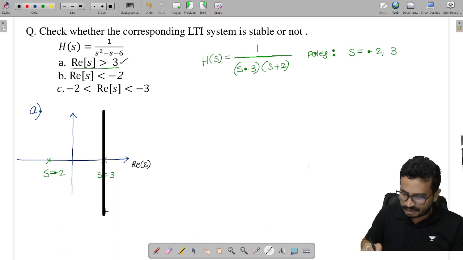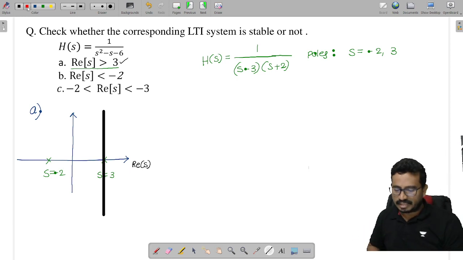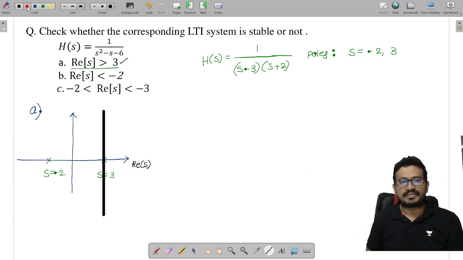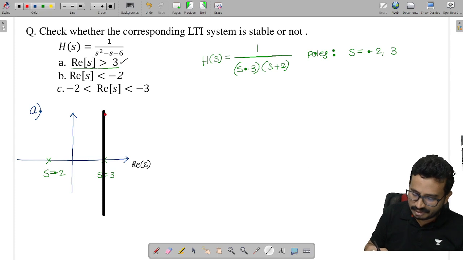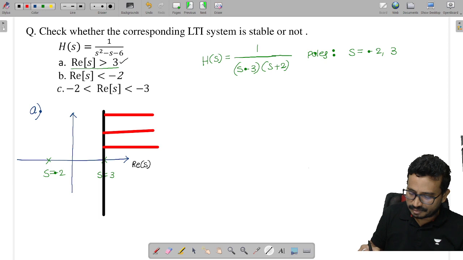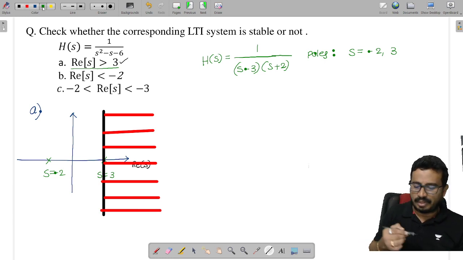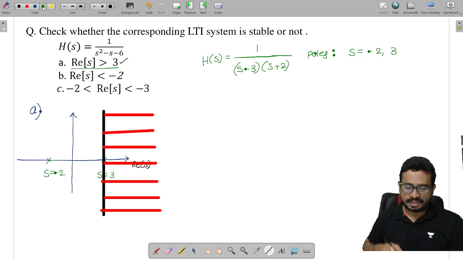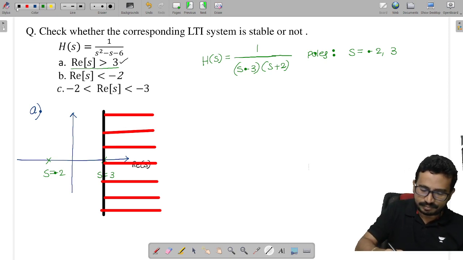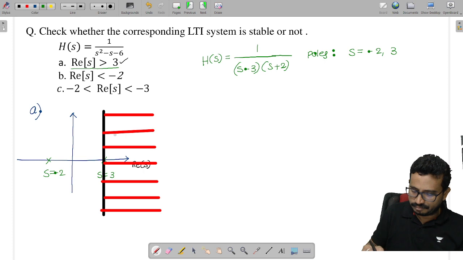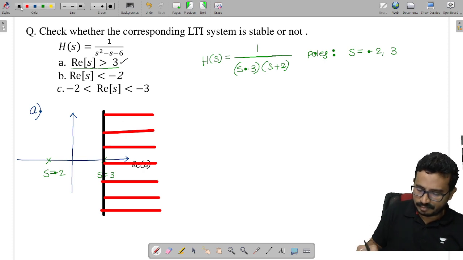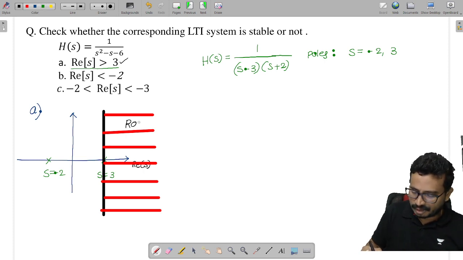Greater than 3 means right side or left side? Right side, like this. This is the ROC of the system.